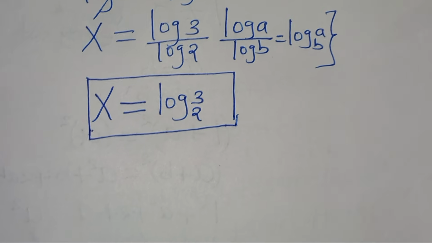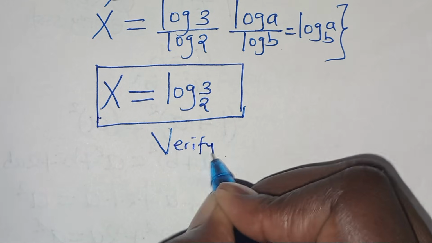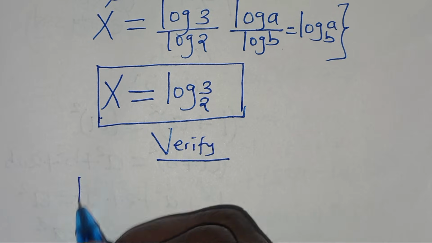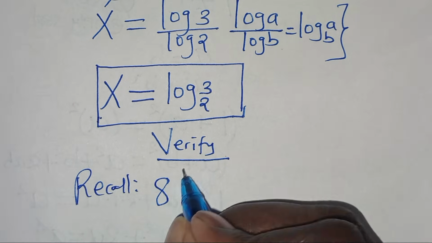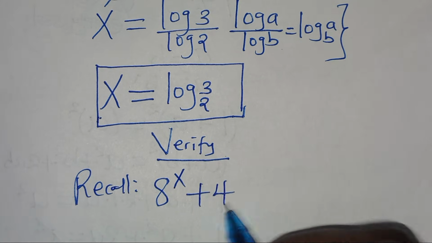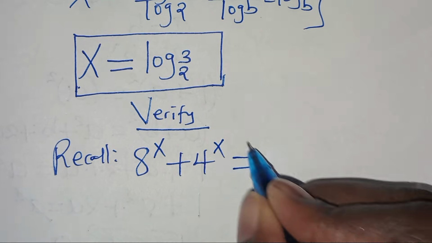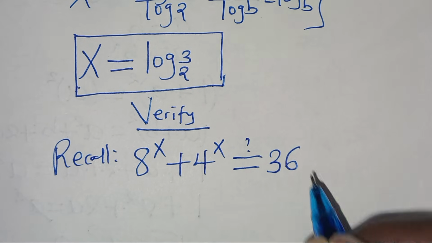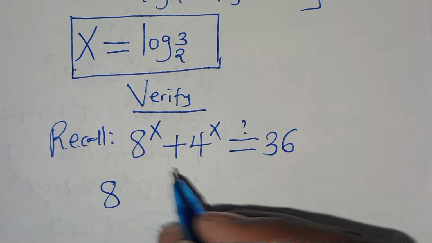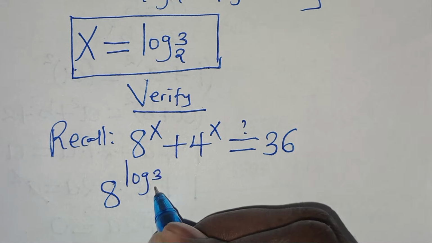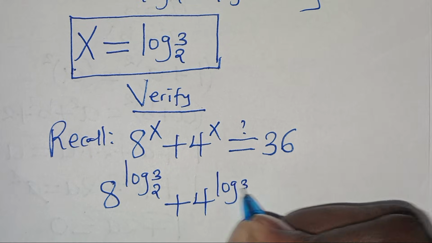Now, the next step from here is to verify. Let's verify from here. Now, if you recall, we have that 8 to the power of x plus 4 to the power of x is supposed to give us a value of 36. Substituting x, this means we have 8 to the power of log 3 to base 2, then plus 4 to the power of log 3 to base 2.